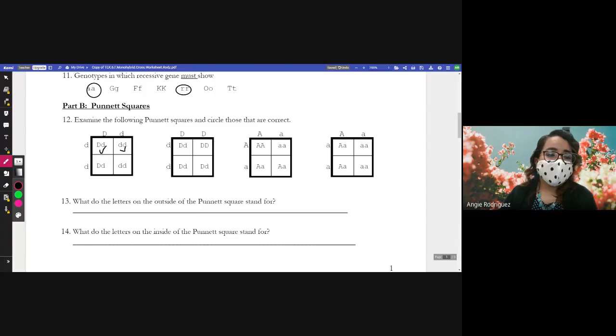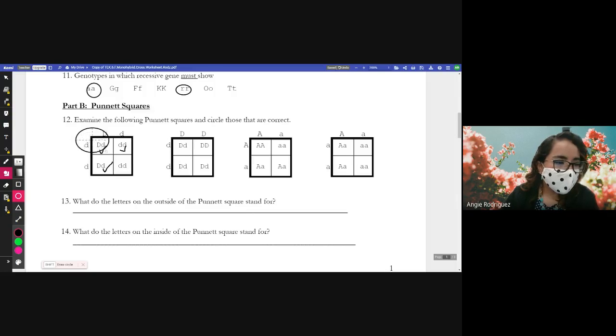Okay, so this one's also correct. This next one, big D, little d, that one's also good, correct. What about this last one? Correct as well, little d, little d. So I'm gonna circle the whole thing. So let me get my circle here and circle the whole thing, everything, all this right here.